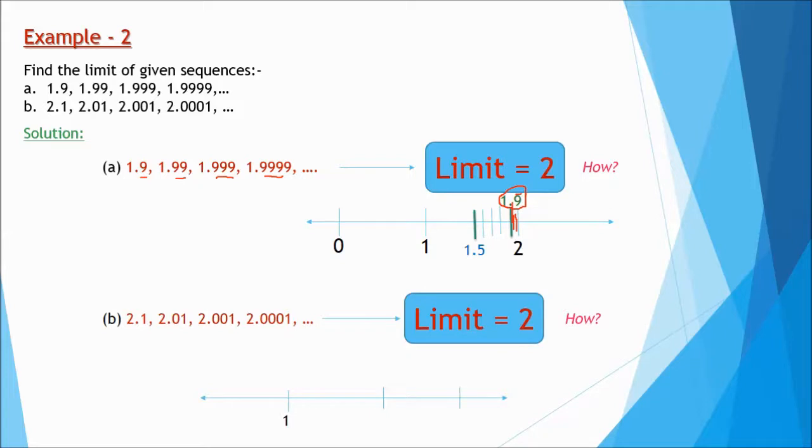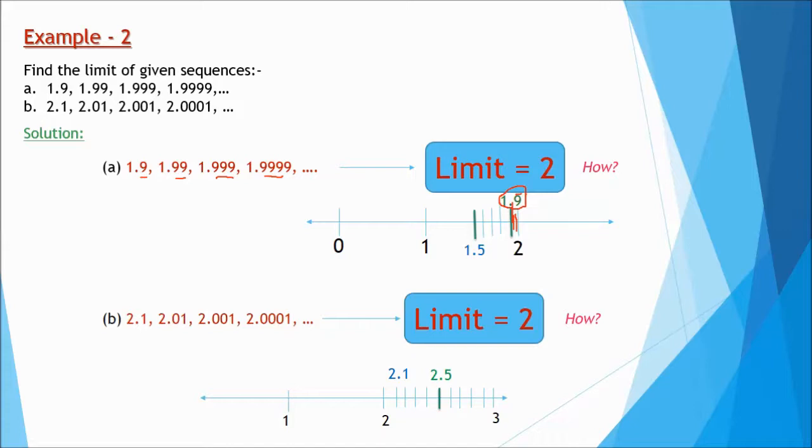That's 2, that is 3, and the middle point is 2.5. Now we can see 2.1 right here. There are 10 divisions between 2 and 3, so it is 2.5 and 2.1.